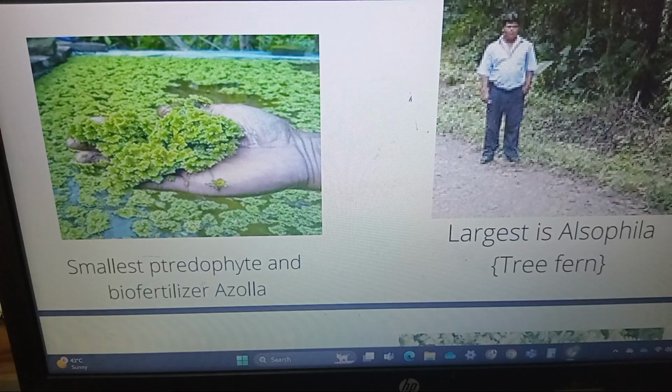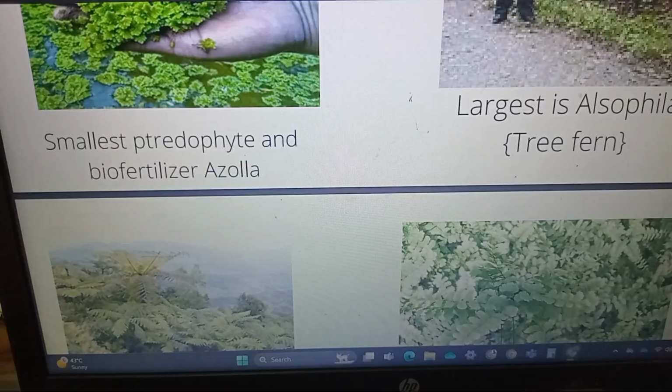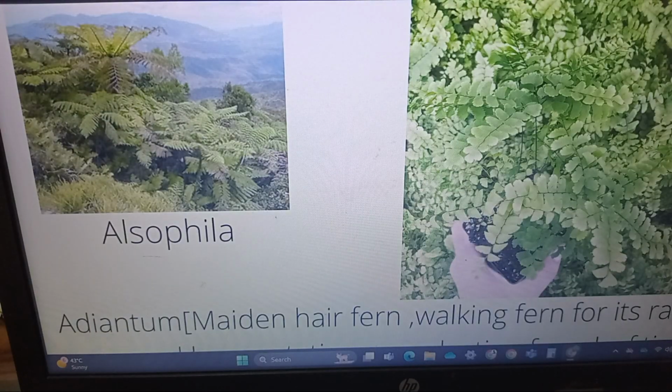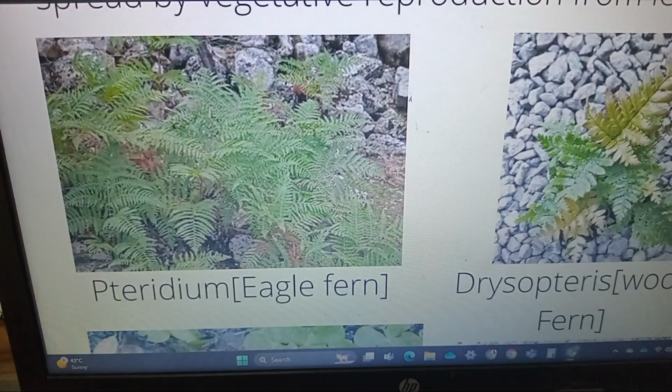Azolla is the smallest fern, in which the blue-green algae Anabaena lives in colonies. This is Adiantum, which is the walking fern, because of its rapid vegetative growth. This is Dryopteris, the wood fern.